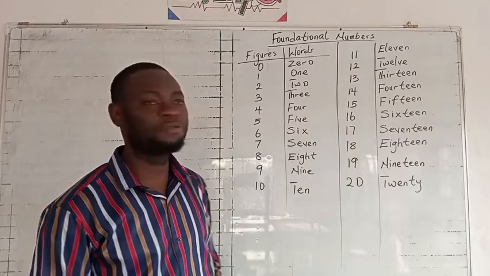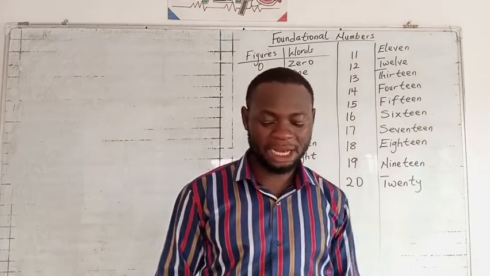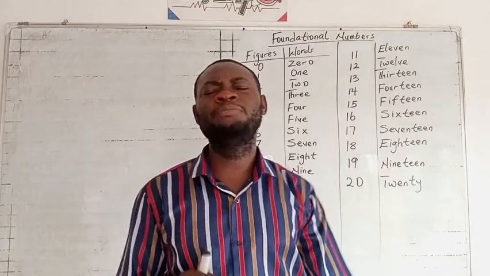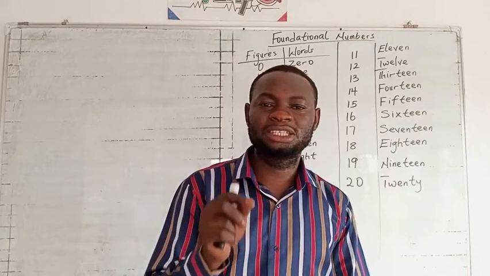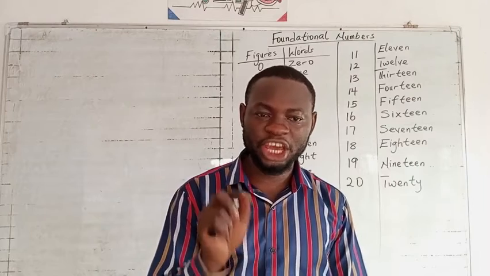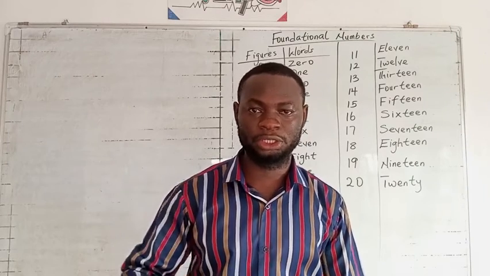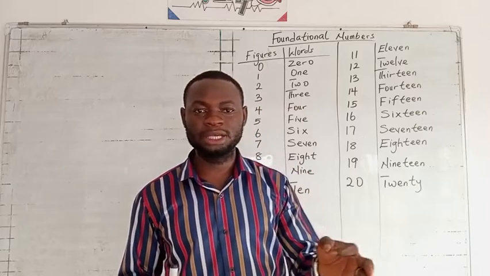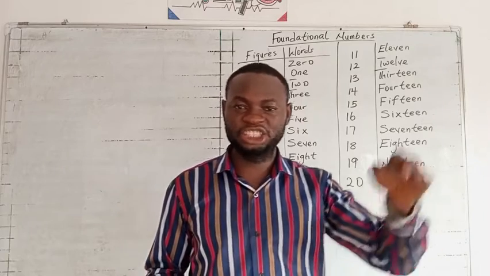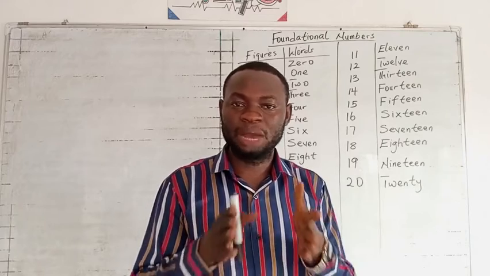Then the next type of numbers is what we call the ending numbers. Ending numbers are numbers where we experience a change in counting whenever we get to their position.